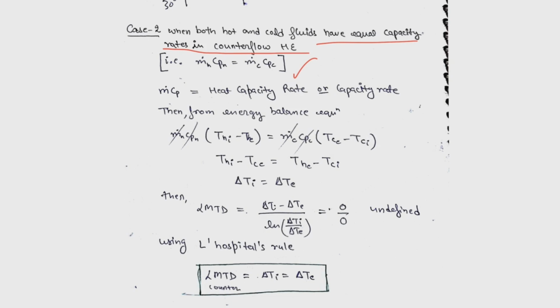Therefore, by applying energy balance, we end up with delta Ti equal to delta Te. Upon substituting this in the LMTD equation, we end up with 0 by 0, which is undefined. Upon application of L'Hospital's rule, we end up with LMTD counter flow equal to delta Ti equal to delta Te.